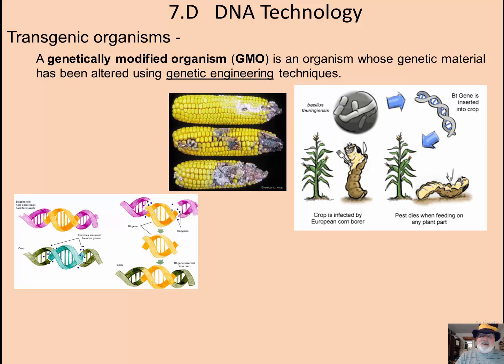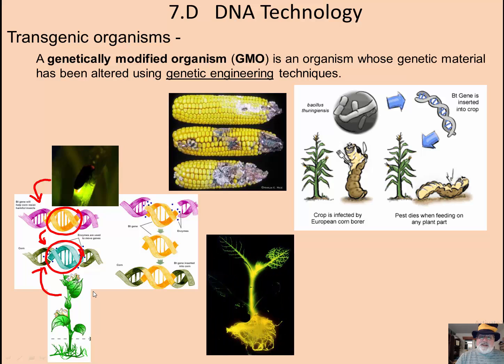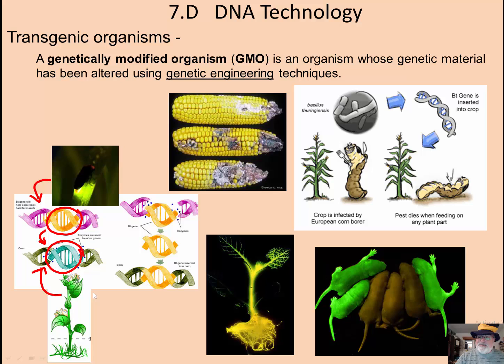But apparently it's not good to eat the corn, but it's okay to eat the critter. You can also do the same sort of thing if you take like a firefly and you take the ability of a firefly and you take that part of the genetics out and you go to a plant and take another part out, you could actually end up with glow-in-the-dark plants. Or why stop there? Why not even get glow-in-the-dark mice? Pretty cool, neon green.